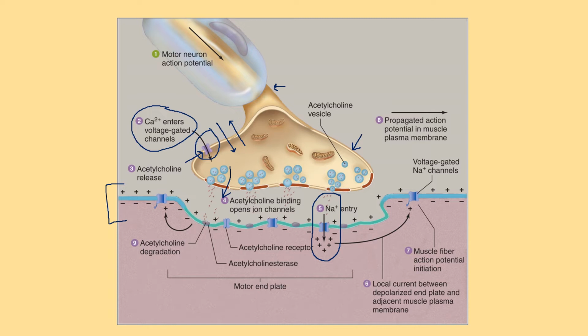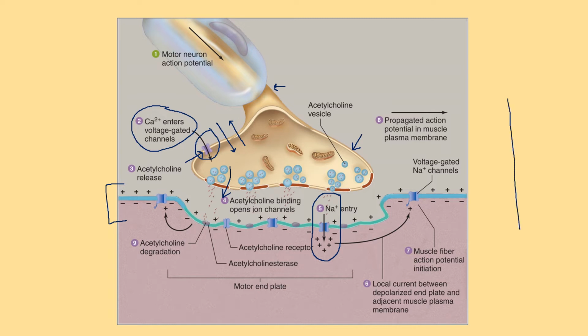And as shown here, sodium flows into the cell, and sodium is a positively charged particle. So again, I'll pose the question: when sodium flows into a muscle cell at the neuromuscular junction, how is the membrane potential of the muscle cell affected?